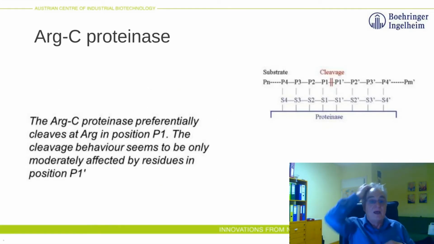So let me review a couple of them, which are commercially available and used a lot in the lab. You have the Arg-C proteinase. The Arg-C proteinase preferentially cleaves at arginine in position P1. So if you have another amino acid in P1, you cannot use this Arg-C proteinase.